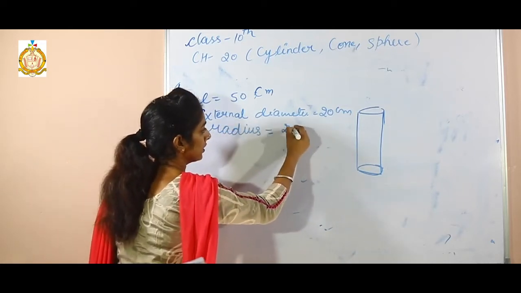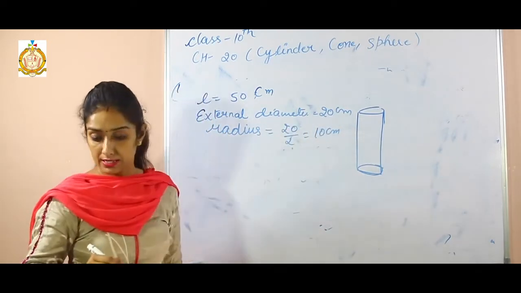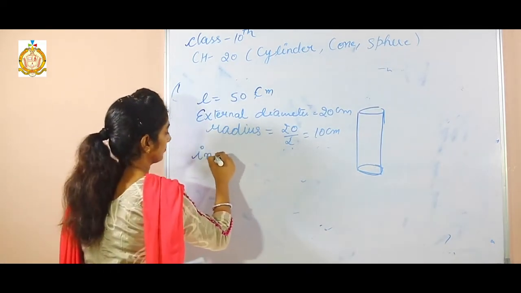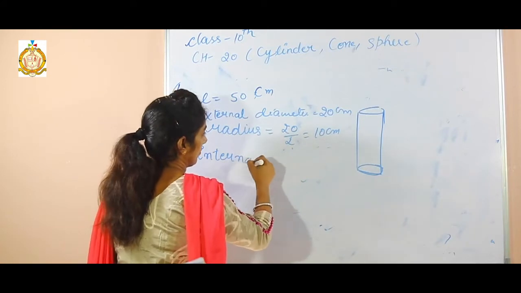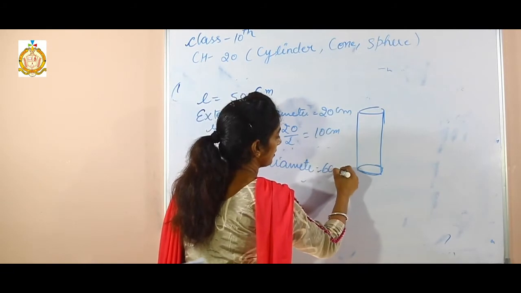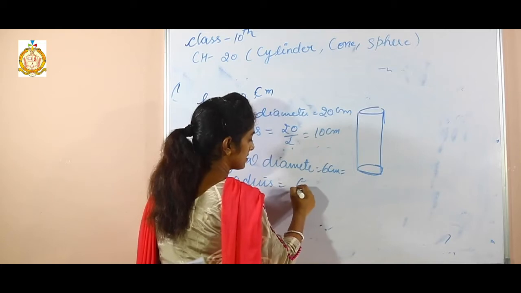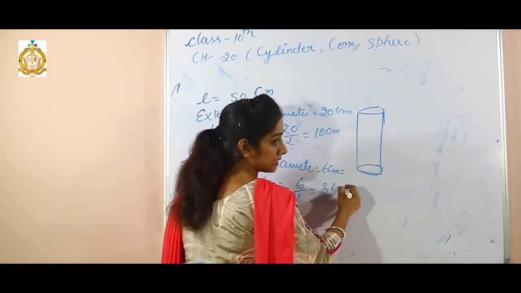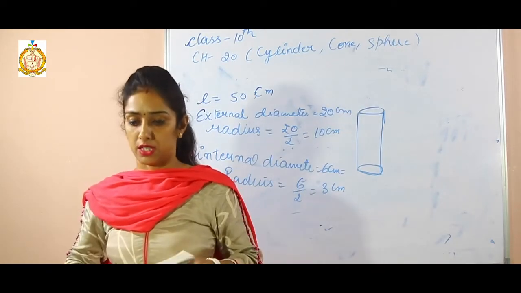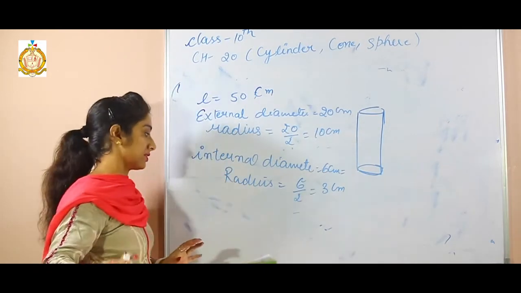Radius is 20 by 2, which is 10 centimeter, and internal diameter is 6 centimeter, and its radius is what? 6 by 2, which is 3 centimeter. Now what we have to find? Find the total surface area of a pipe.